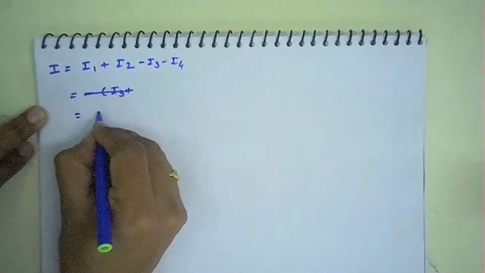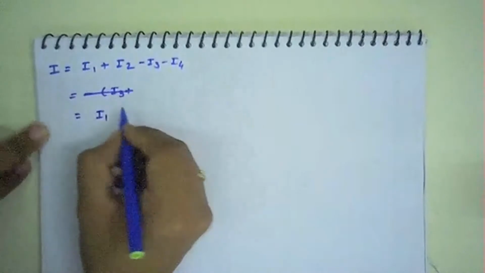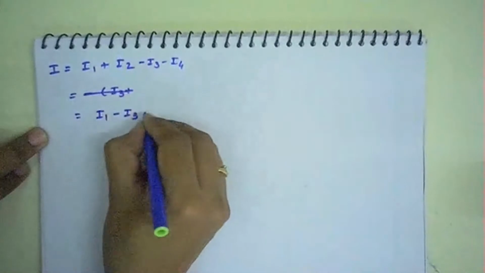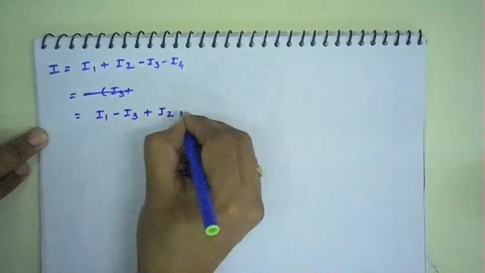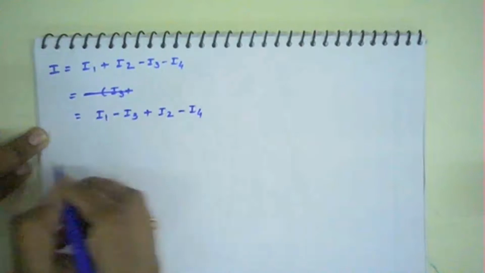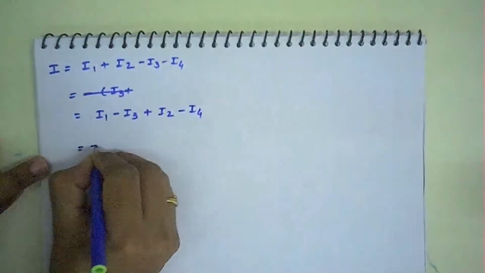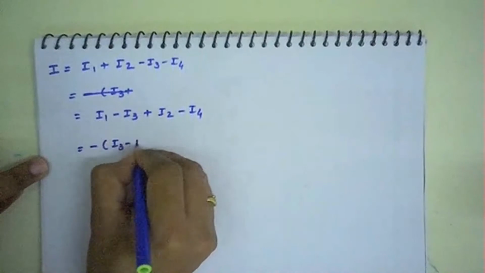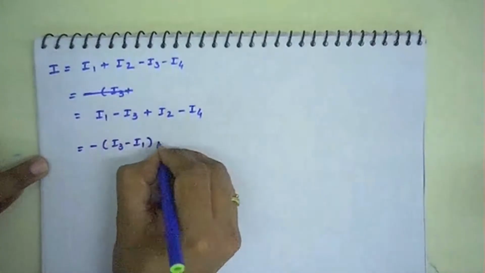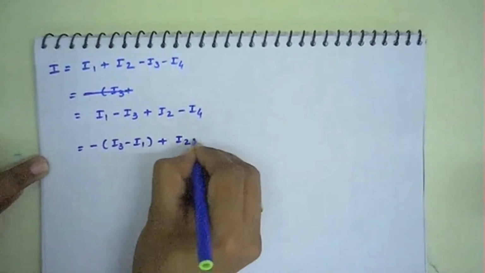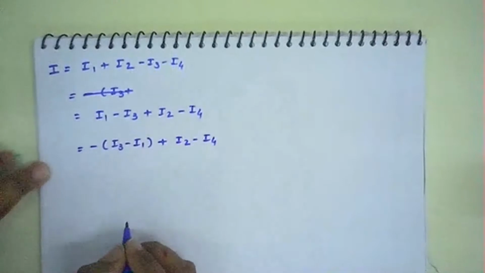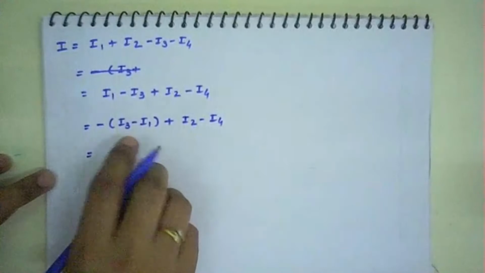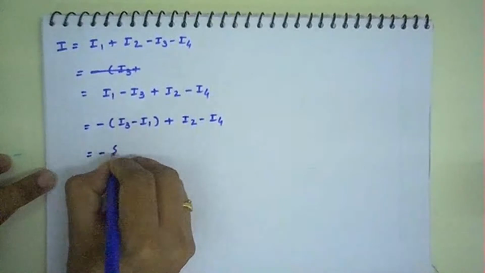Let me write first I1 along the x, then the third component is along the x, that is along the minus, plus I2 minus I4. To make it simple, I am taking the minus sign outside: I3 minus I1 plus I2 minus I4.